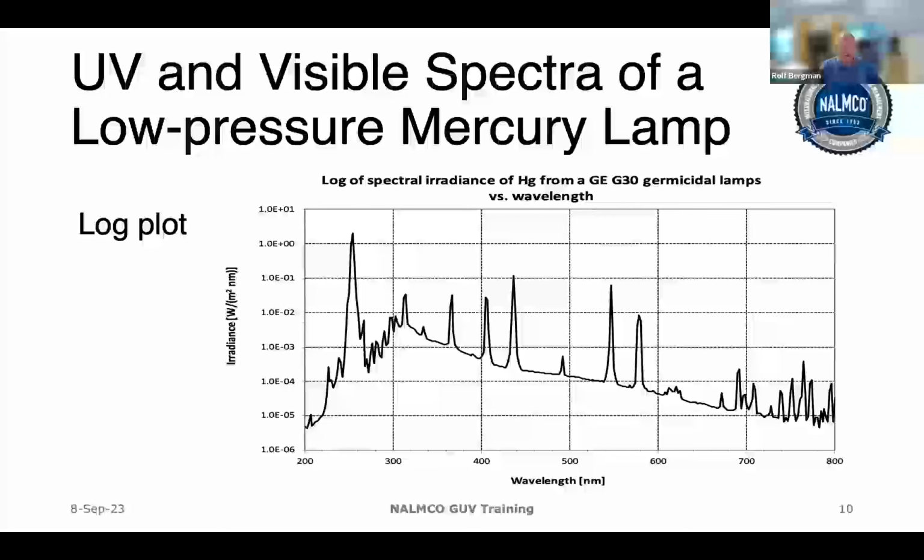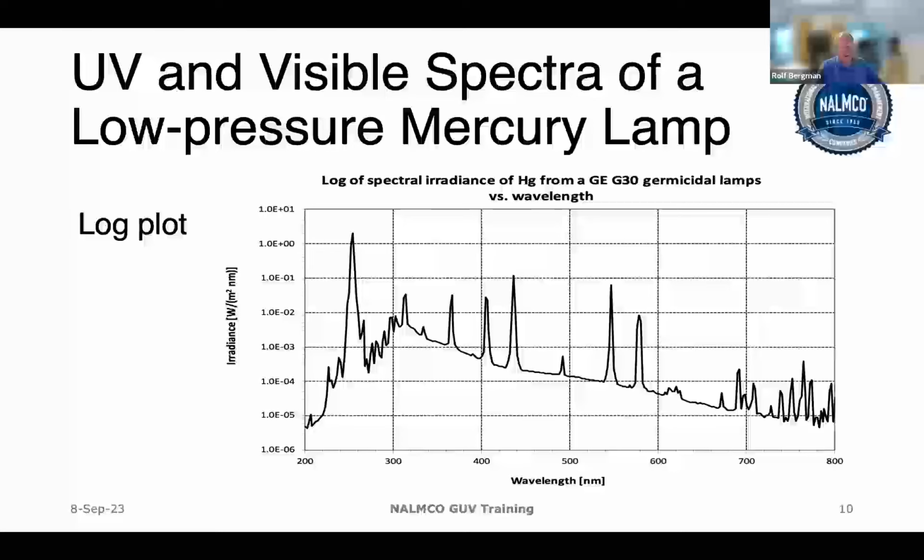And notice now that we're looking at many orders of magnitude. We still see that we have at the peak of this at 2 times 2 watts per meter squared, but we can look all the way down to 10 to the minus 6 watts per meter squared.